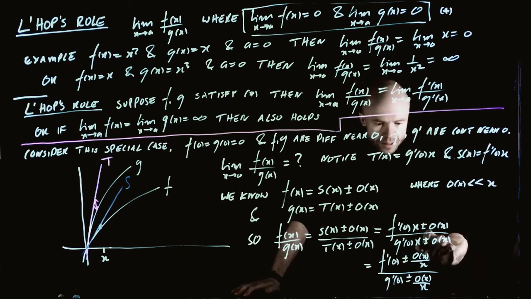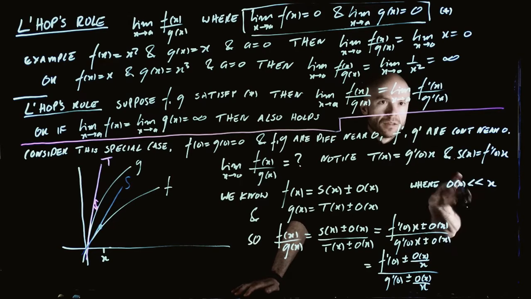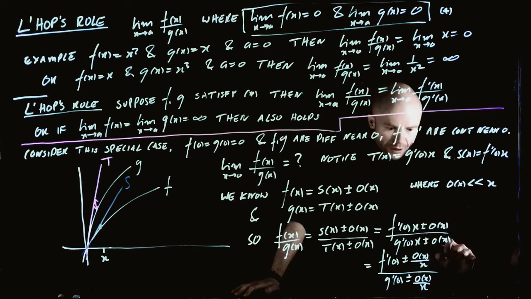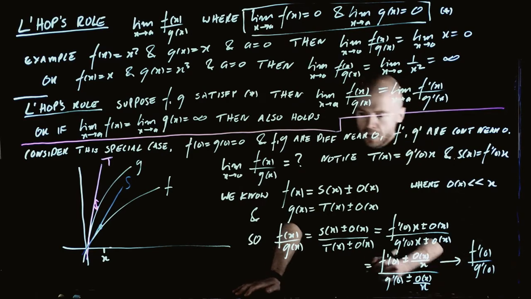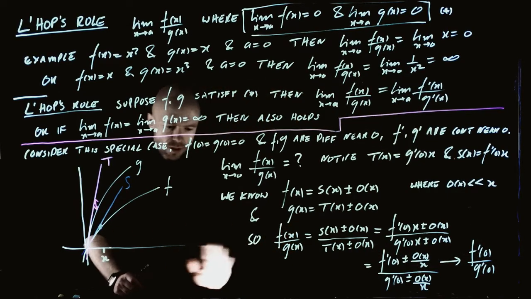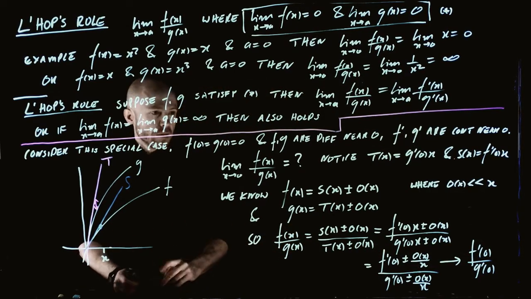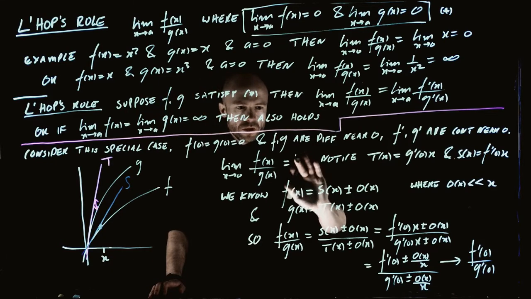And we know that little o of x over x is incredibly small, goes to 0 as x goes to 0. That is the main property of little o of x. So this expression is just going to tend to the expression f prime of 0 over g prime of 0. So in the language of maths, that is that this thing, which we call question mark, now let's call this star star.